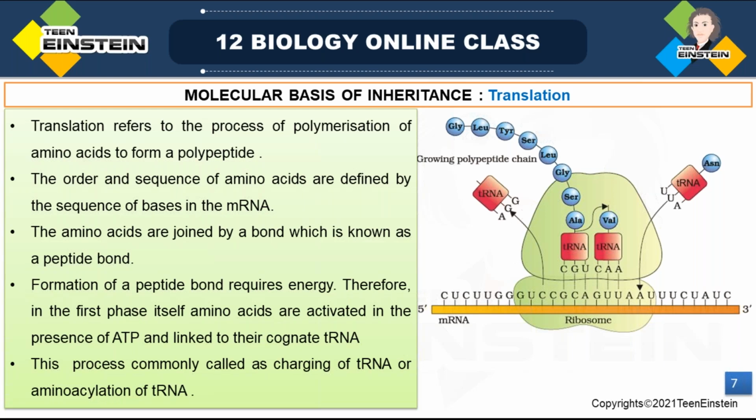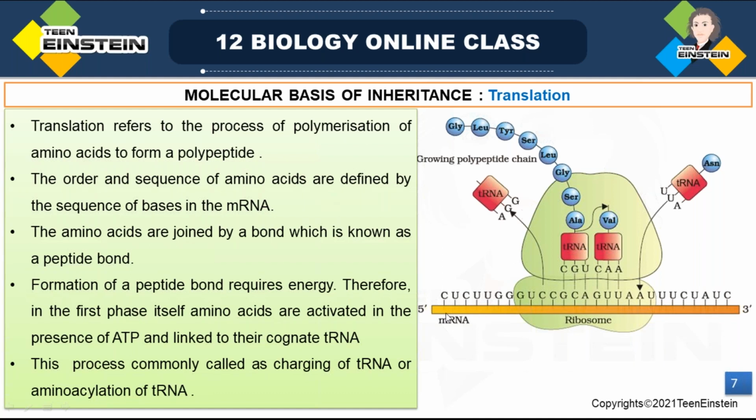That is the question. It is based on the sequence of bases in the mRNA. Based on the sequence present in the mRNA, we can define the sequence of amino acids.